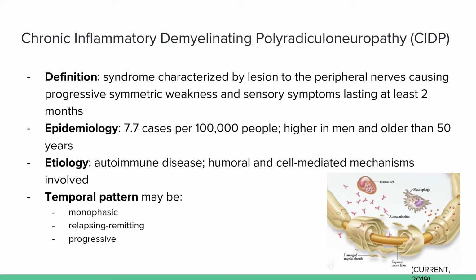The etiology is an autoimmune disease. Humoral and cell-mediated mechanisms are usually involved. The temporal pattern might be monophasic with a single attack, relapsing and remitting, or progressive. The most common one is a progressive pattern.